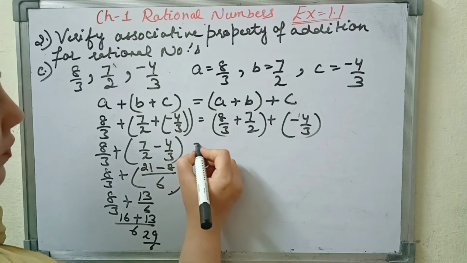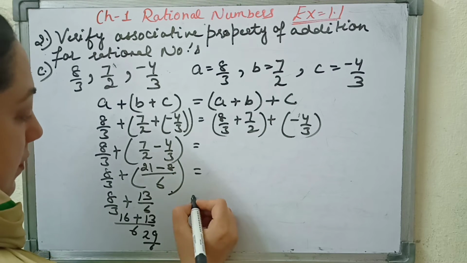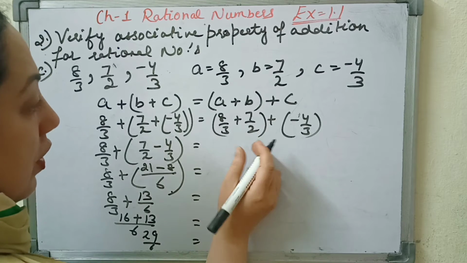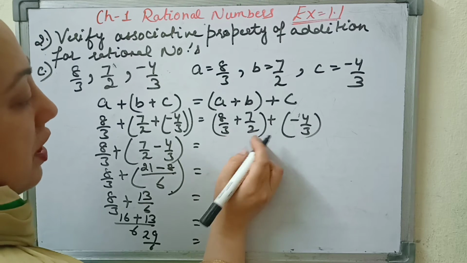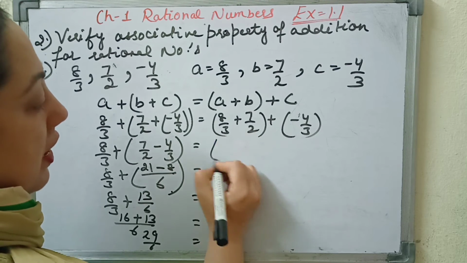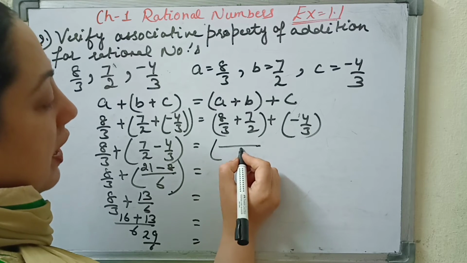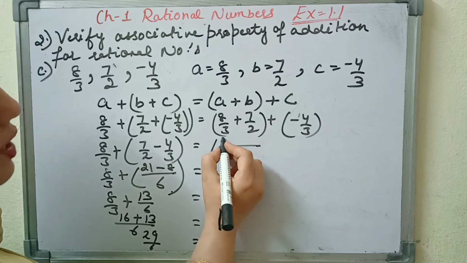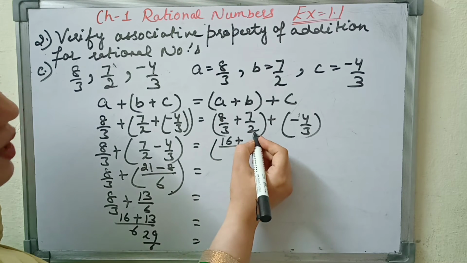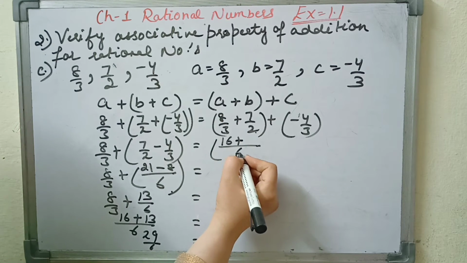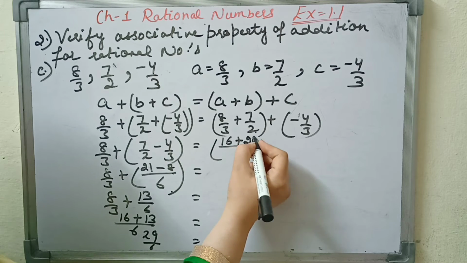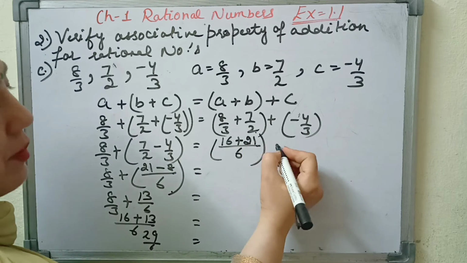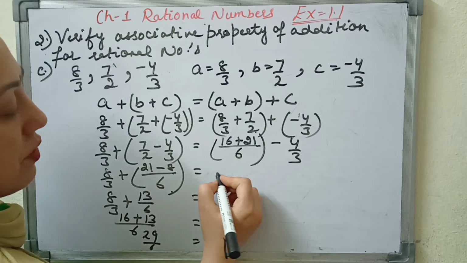Now, on the other side, we solve the first two terms that are in the first bracket. Taking the LCM of 3 and 2, we get 6. 6 divided by 3 is 2, and 2 eights are 16. Again, 6 divided by 2 is 3, and 3 sevens are 21. Plus minus 4 over 3.